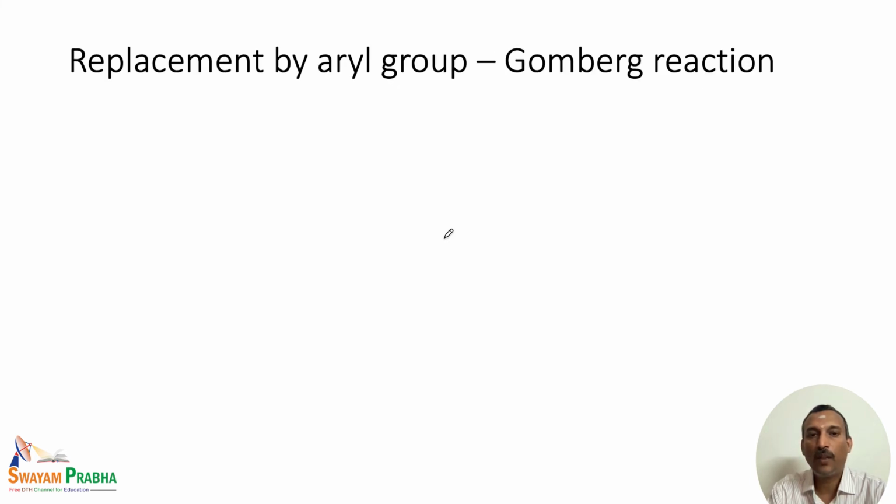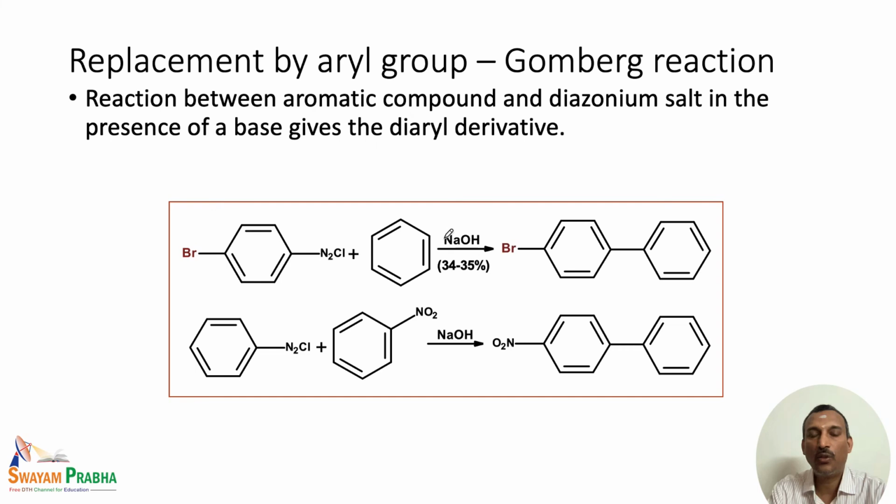So people went with another modification to this aryl coupling reaction. In the Gomberg reaction, the diazonium salt is treated with the aromatic system in the presence of a base, with sodium hydroxide used as the base. Here we get the diaryl derivative, and in most cases the substitution takes place at the para position.